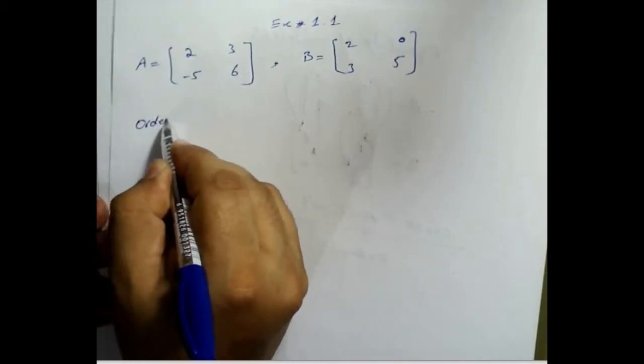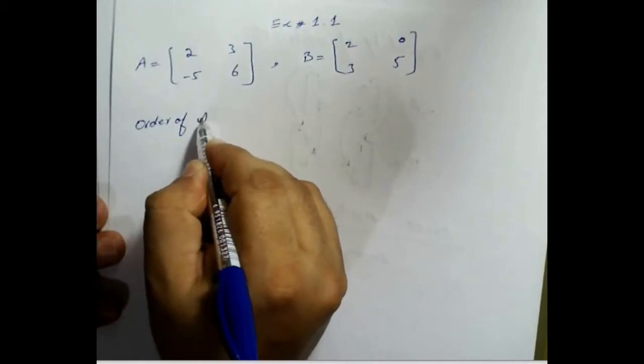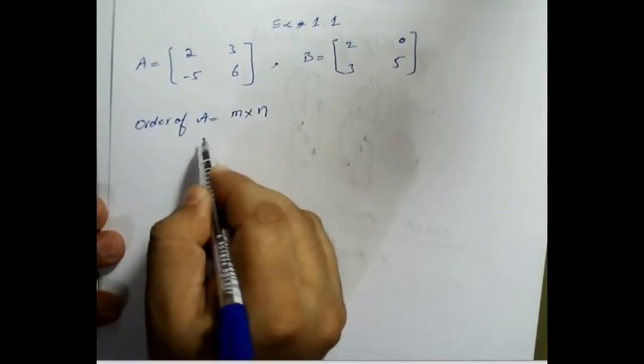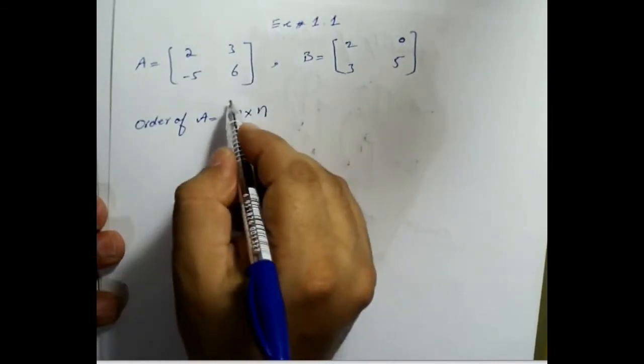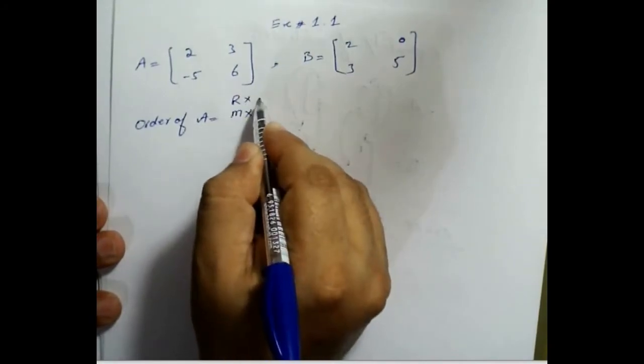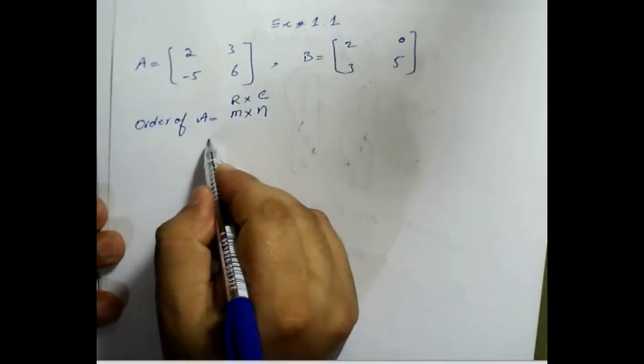Order of A will be M cross N, and as you know, M are rows and N are columns.